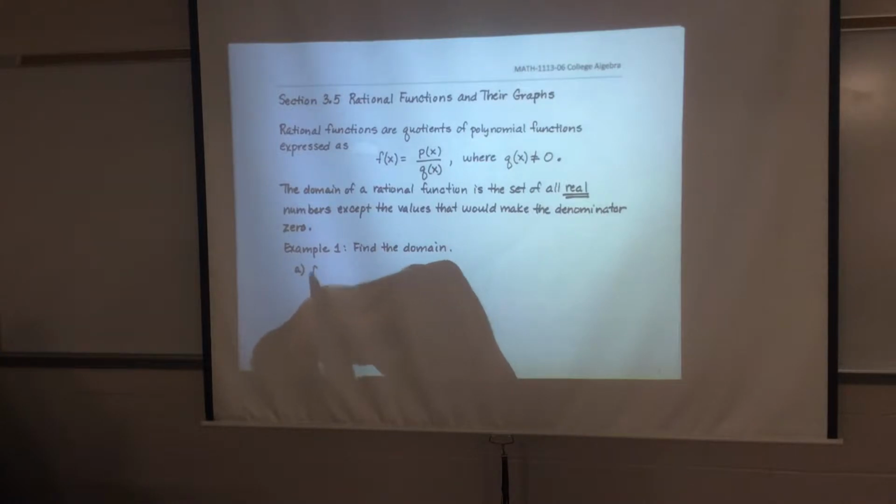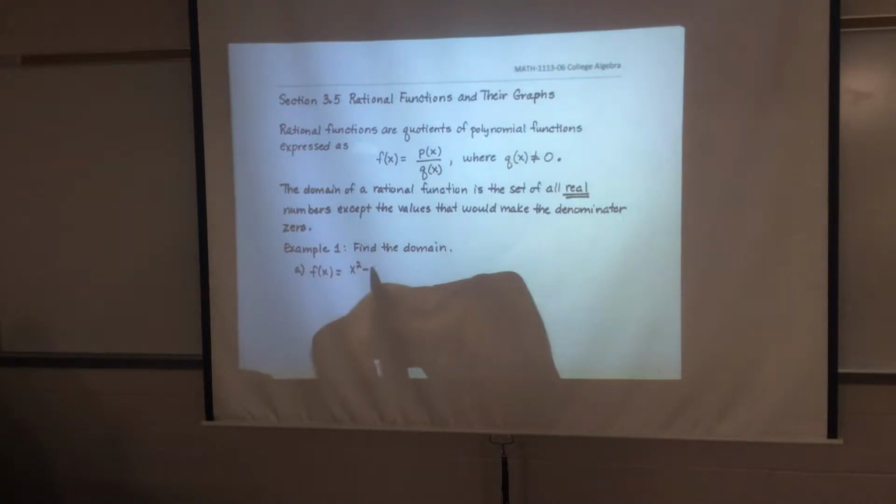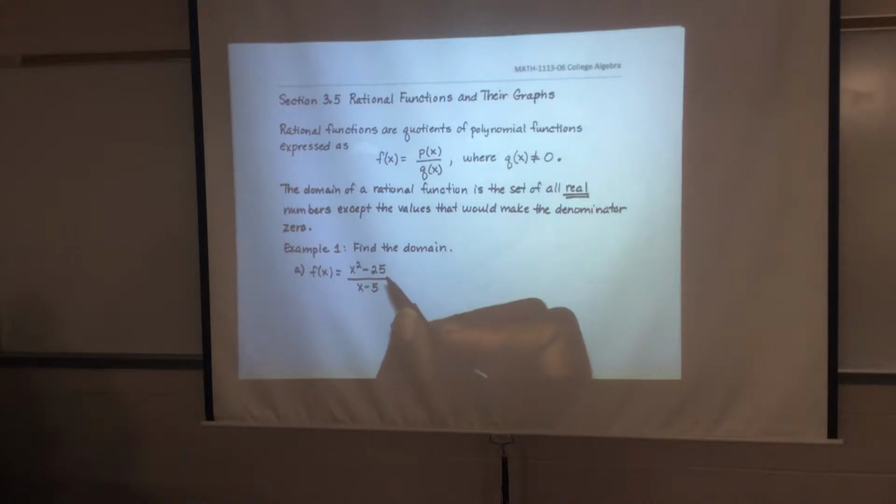f of x is equal to x squared minus 25, all divided by x minus 5. Okay? So now in this case here, the denominator is x minus 5.